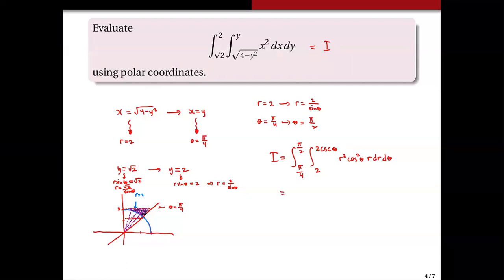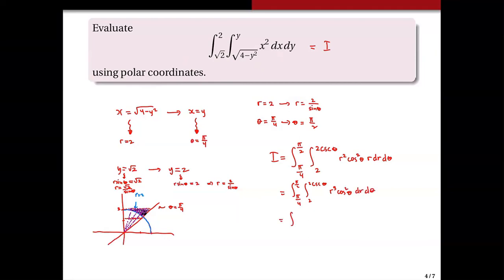And then we evaluate the integral from pi over 4 until pi over 2, integral from 2 until 2 cosecant theta of r cubed cosine squared theta dr d theta.